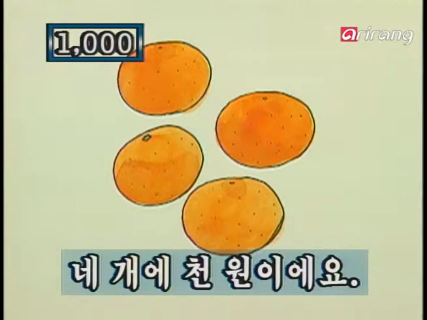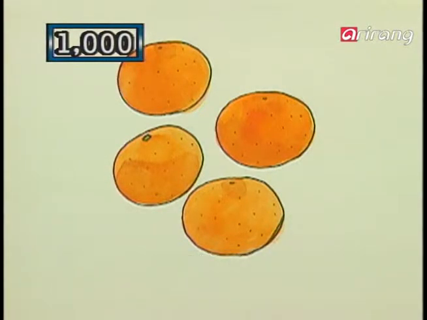They cost 1,000 won for four. 네 개에 1,000원이에요. So when you want to ask for the price of a certain number of things, just state the number of the thing followed by the word 에 and the amount that it costs.